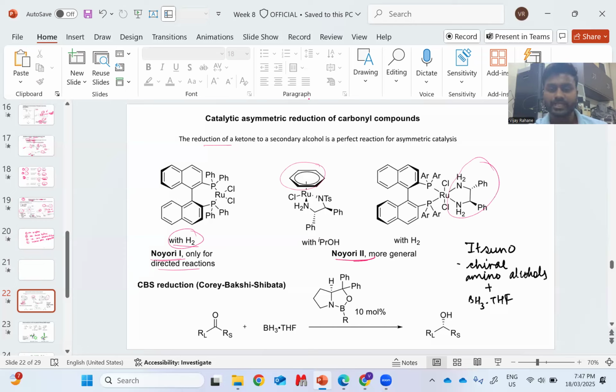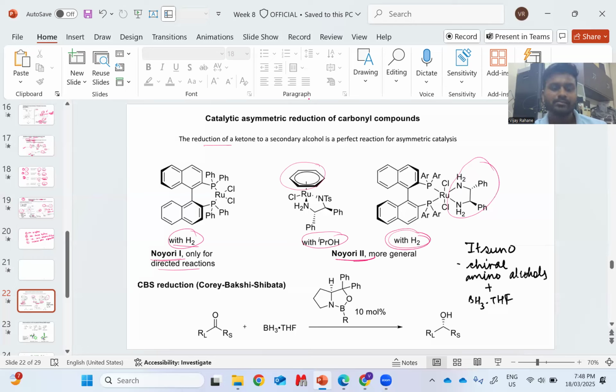This is the Noyori second generation catalyst, and chiral amino groups are used. With this you need hydrogen, and isopropyl alcohol can also be used as a reducing agent, so with isopropyl alcohol and hydrogen.